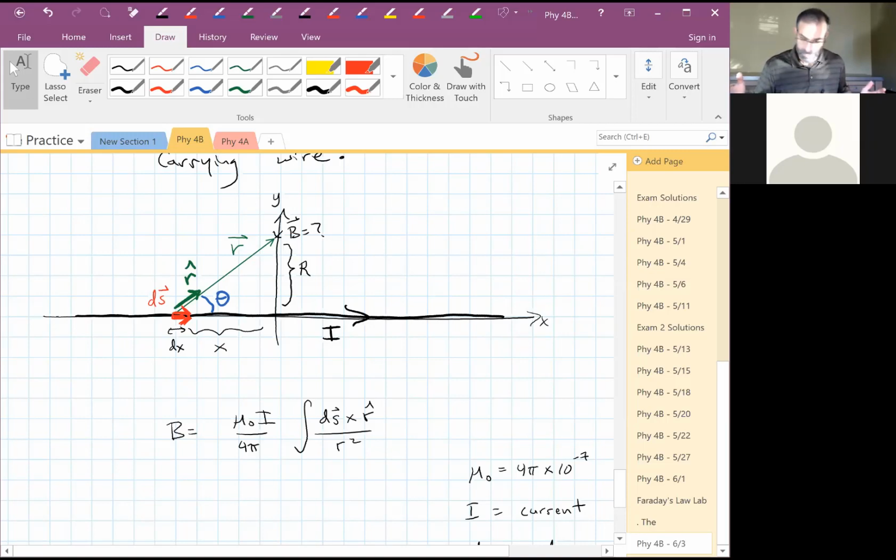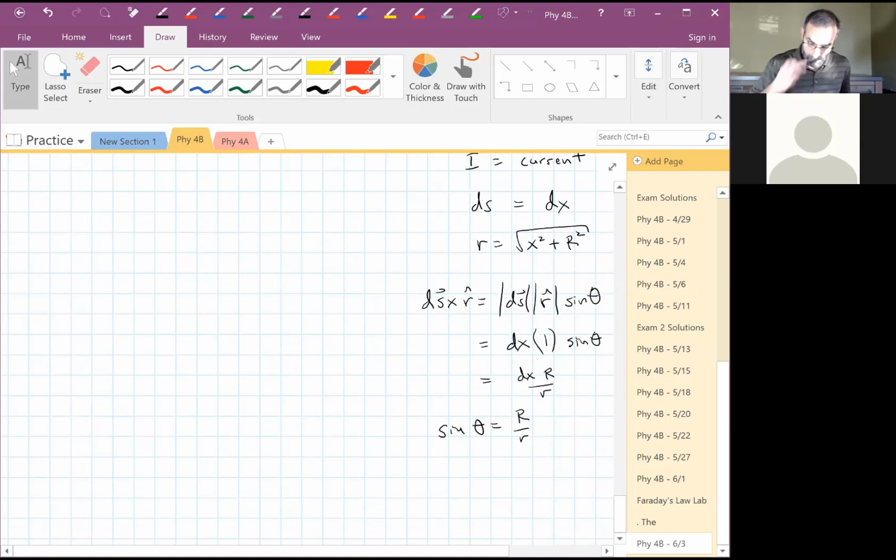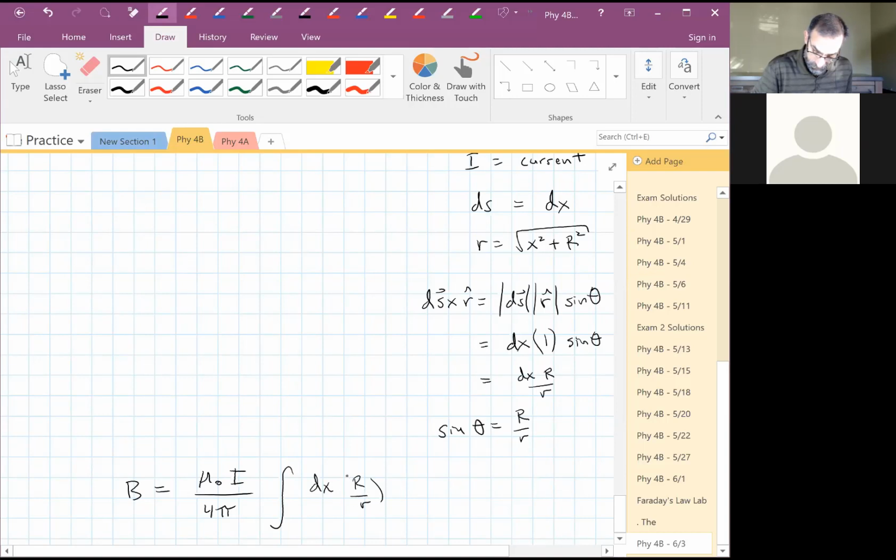All right, we have everything. We ready to integrate? Let's start plugging them in. B is mu naught I over 4 pi integral. This is going to be dx times R over r, over r, right?